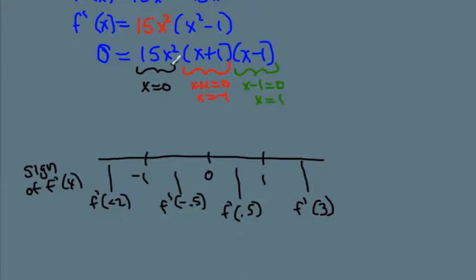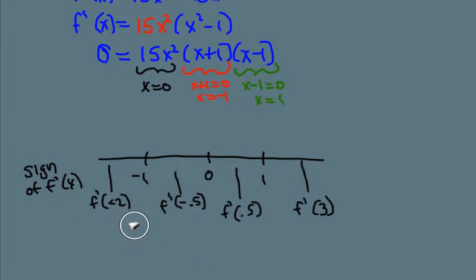You take your derivative and plug in these values. If I plug in negative 2, I get 15 times a positive, times a negative, times a negative, so the result is always going to be a positive.